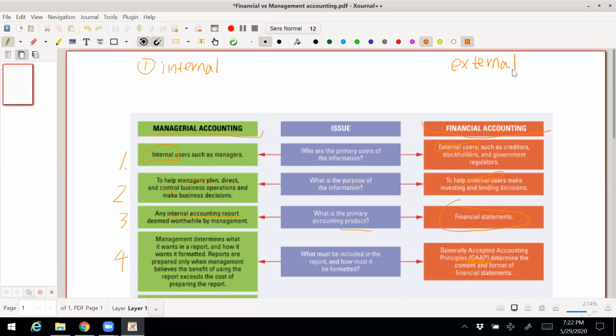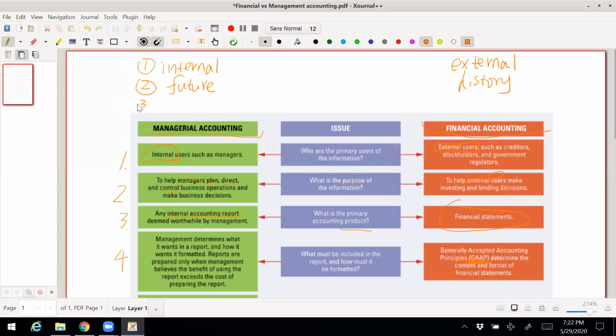Otherwise the investor cannot compare. If you do this first and he does that first, then it's hard to compare. But if it's for internal, you can basically do whatever you want. And the second thing is, managerial accounting focuses on the future. Financial accounting focuses on the history, what already happened, historical cost, right?